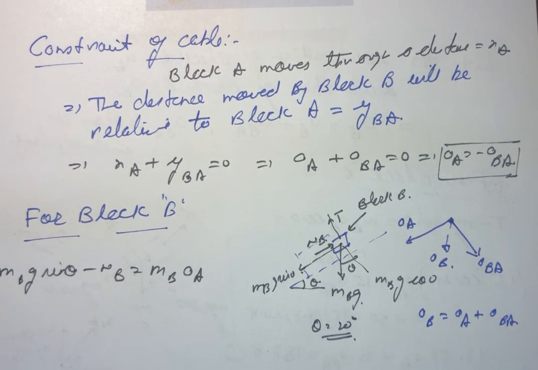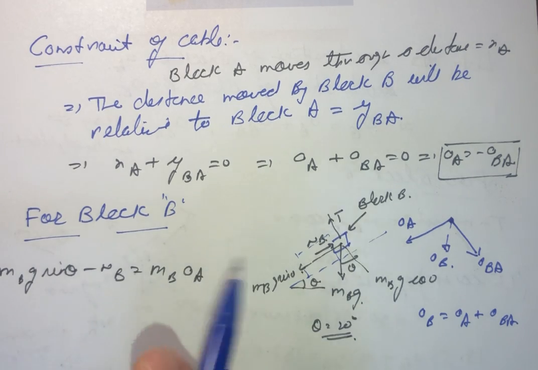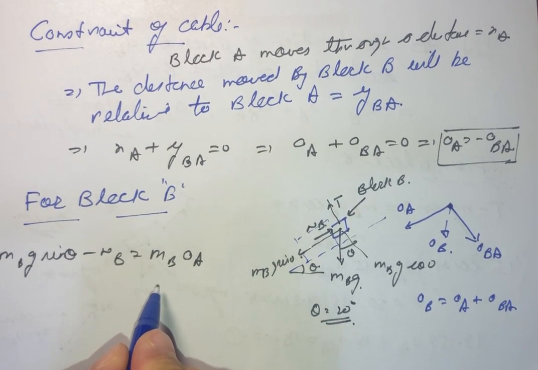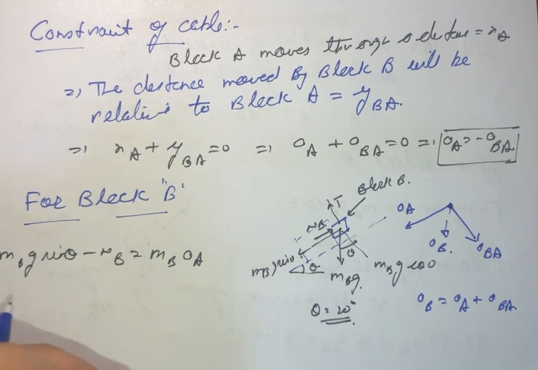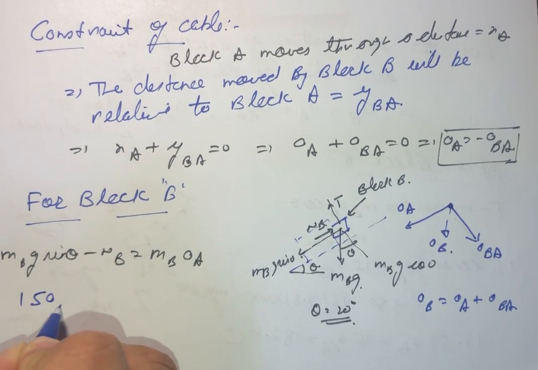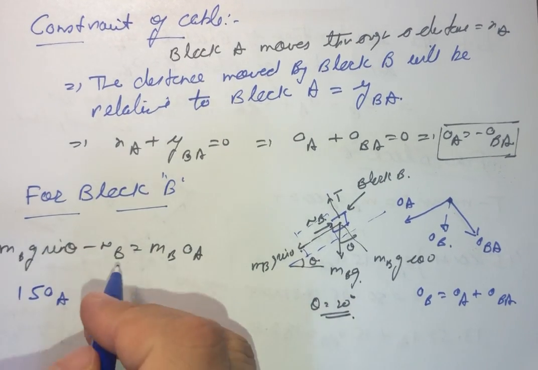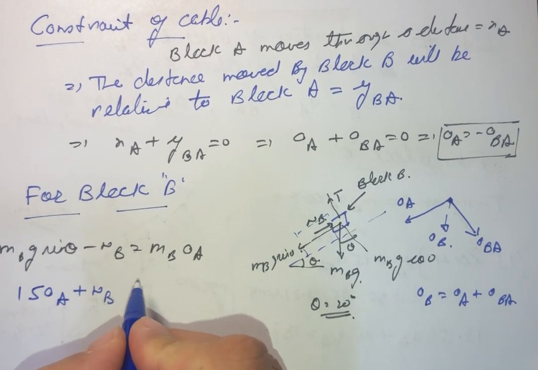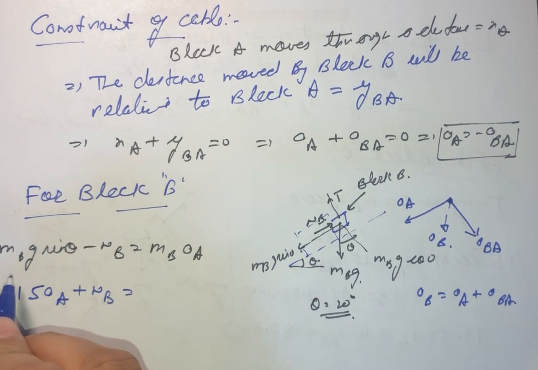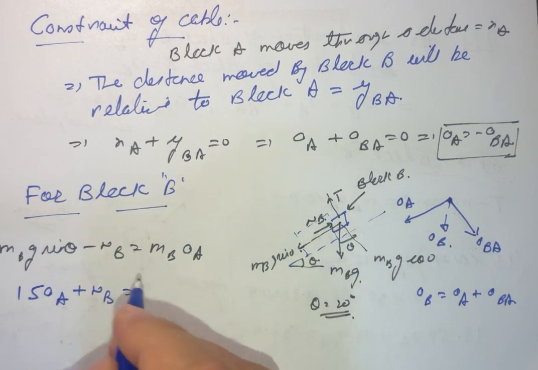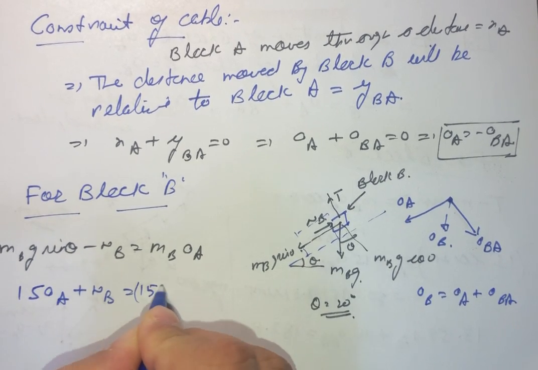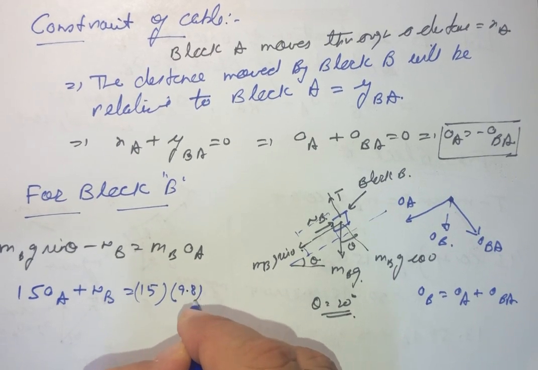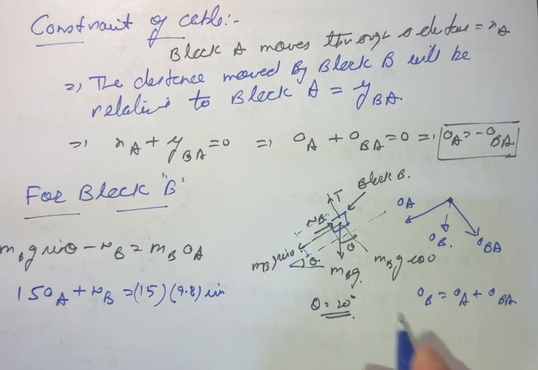If we substitute the values, weight is given as 15, so this will be 15A plus NB is equal to mB is 15, g is 9.8, and sine of 20 degree.